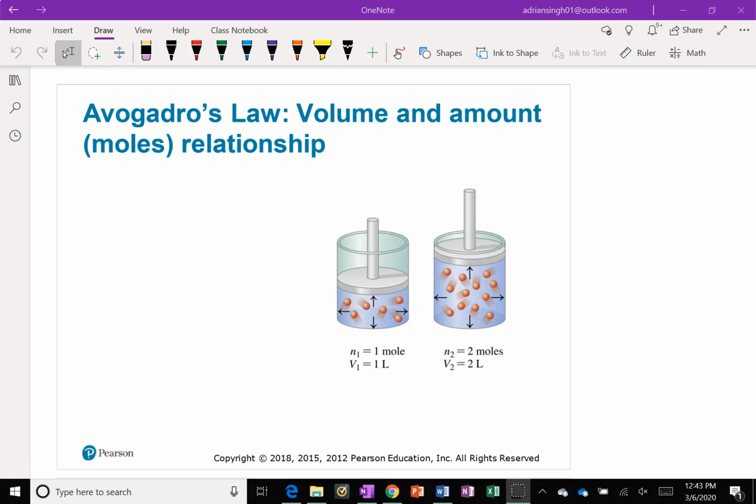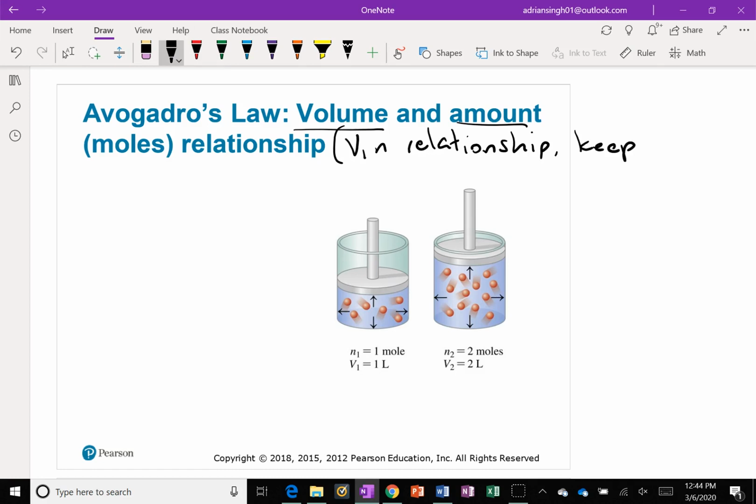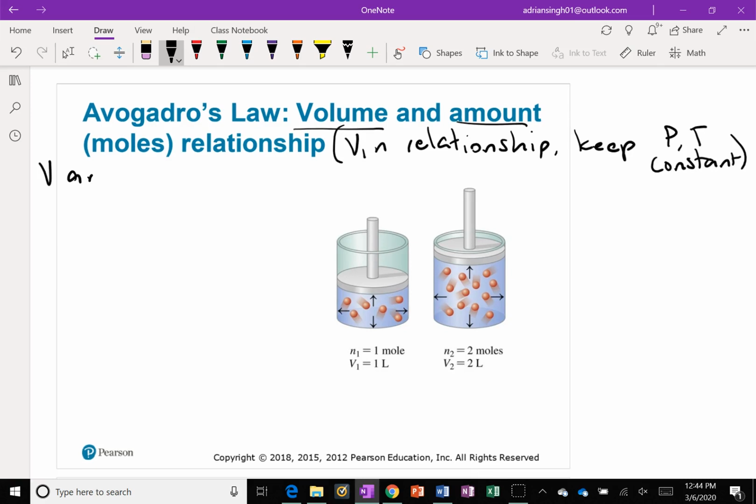Okay, and then the next gas law is the relationship between volume and amount. So we're looking here at the V and N relationship, which means we're going to keep the other two, pressure and temperature, constant. The V and N relationship is also a direct one.